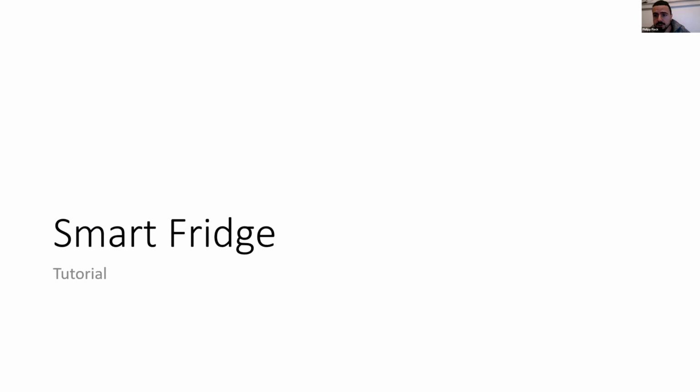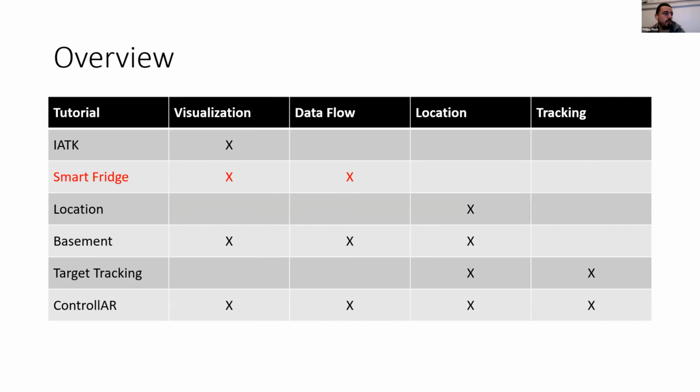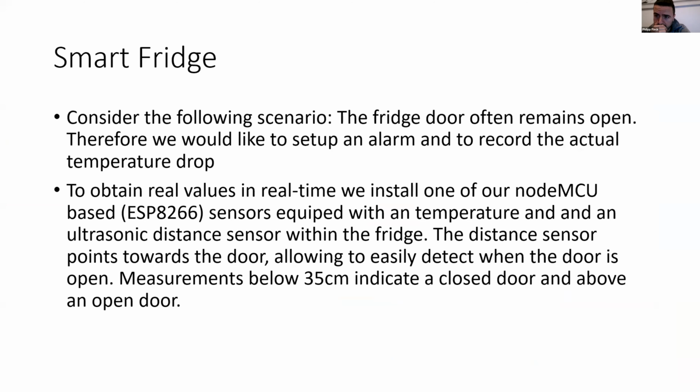The smart fridge is the first example that you saw. It has no location, and it uses the data flow in that case to implement its visualizations. The task was to make the fridge smarter. When you open the door, you should see an alarm. When you close the door, the alarm should end, and you should see a visualization of the temperature and whether the alarm is triggered or not.